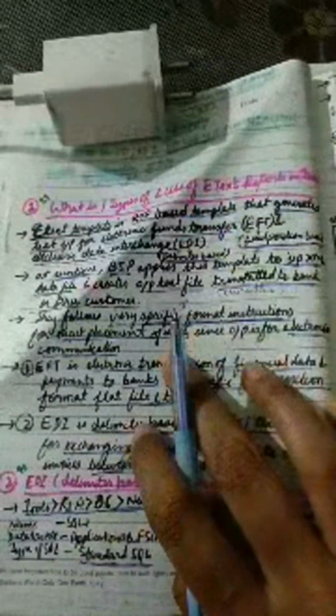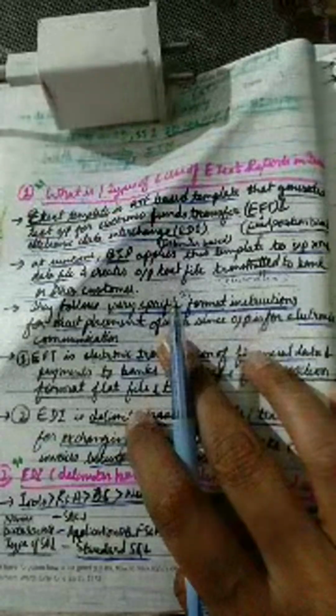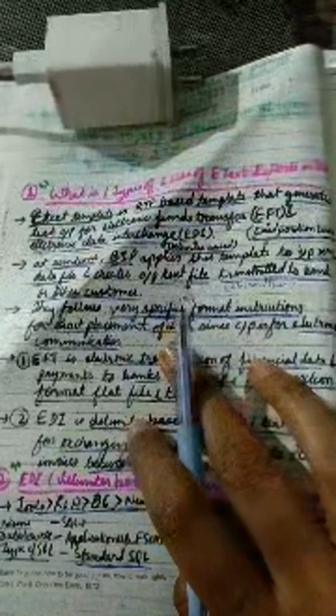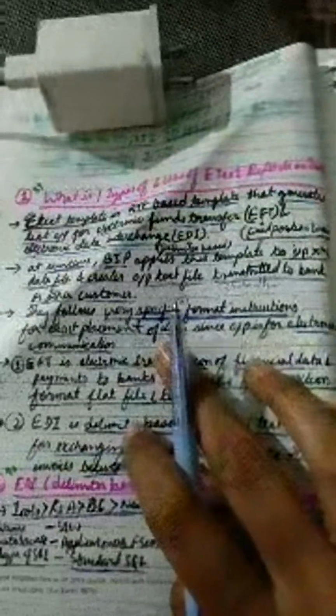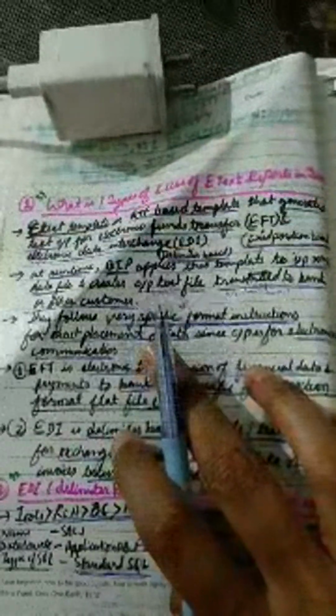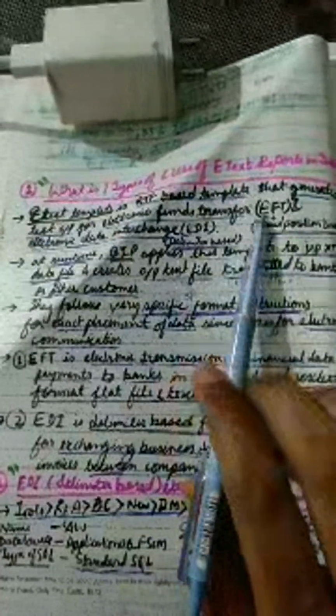And why we need that exact placement: for any kind of electronic data interchange document, if you're just interchanging data, then we will be using EDI, and if you're transferring any funding information or financial data, we'll be using EFT.